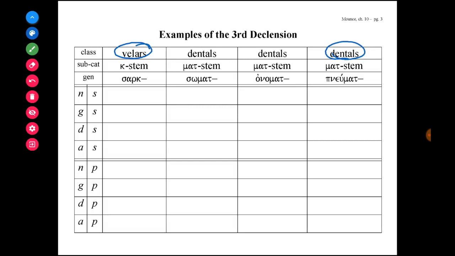For the velar example, this stem here, sarc, is the stem without the case endings. That's from the word sarx. I'm going to write out the complete lexical form and explain what it means later. So sarx is the nominative form, sarcos is the genitive form, and its article is hey.